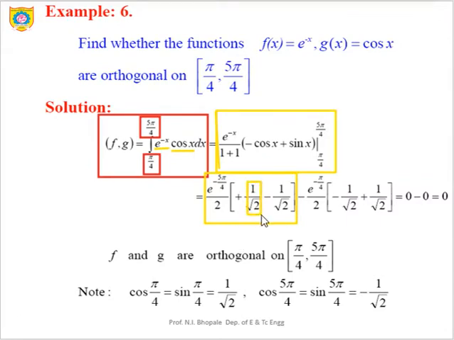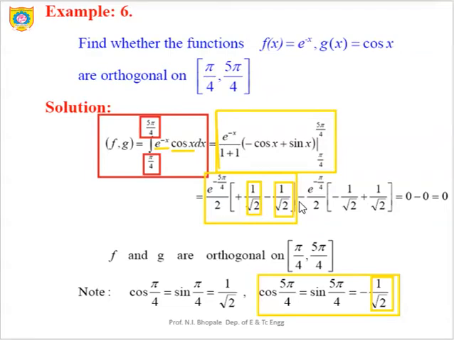Check here: the expression for sin 5 pi by 4 is minus 1 by root 2. That is how it becomes like this.